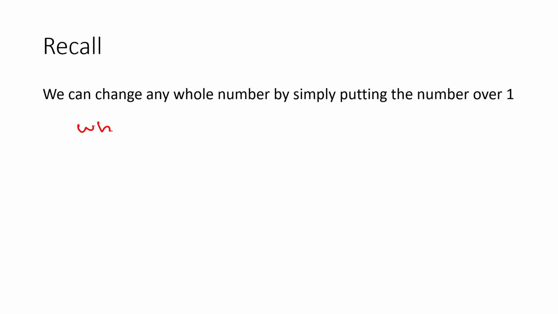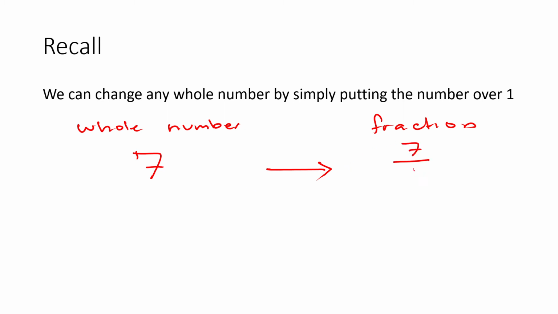Suppose this is a whole number, and this is a fraction. Suppose we want to write 7 as a fraction. How do we do that? Well, we simply put 7 over 1. That's it.